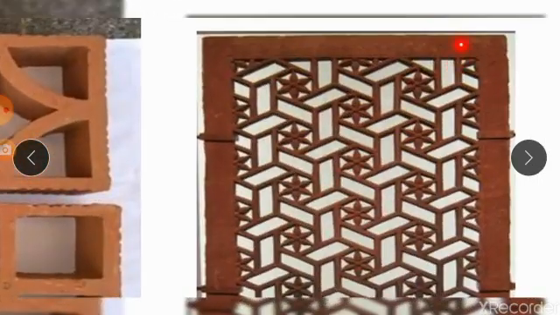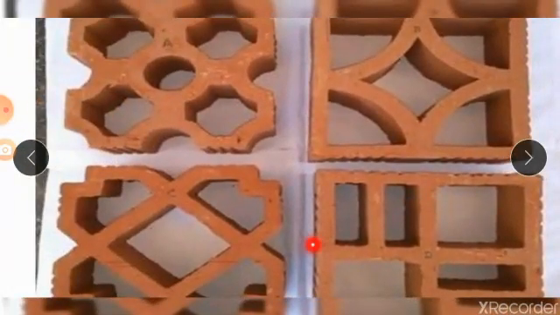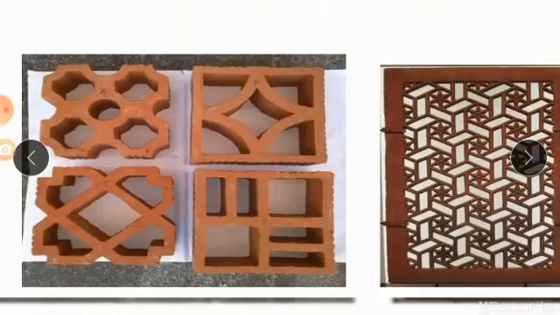The floral design is there. Again, 4 types of jolly patterns are displayed here. Each one is very good. This pattern alone was used in kitchen windows in olden days.